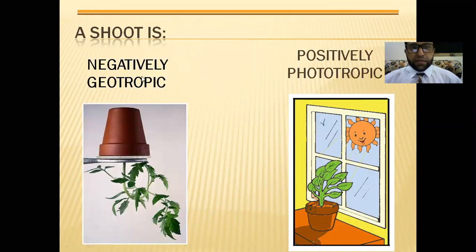Shoot is negatively geotropic because the shoot is going away from the gravity, while shoot is positively phototropic. Why? Because it is going towards the light.